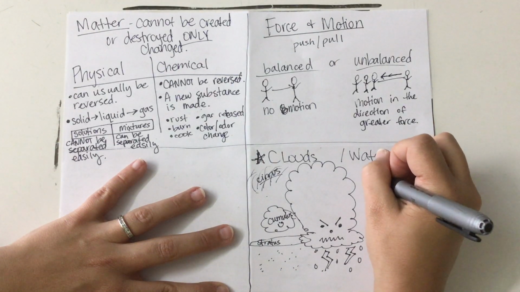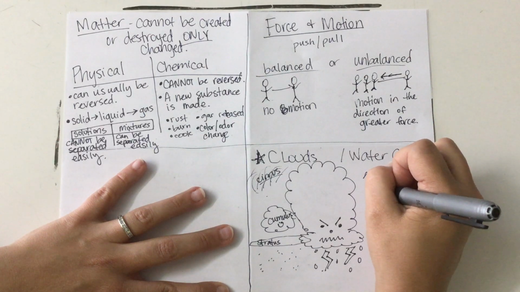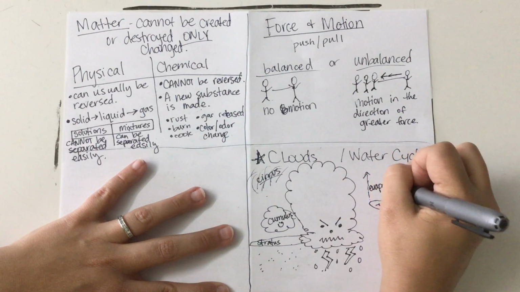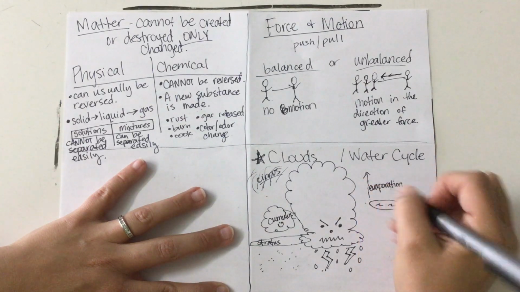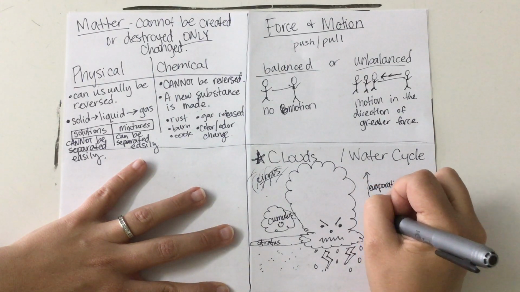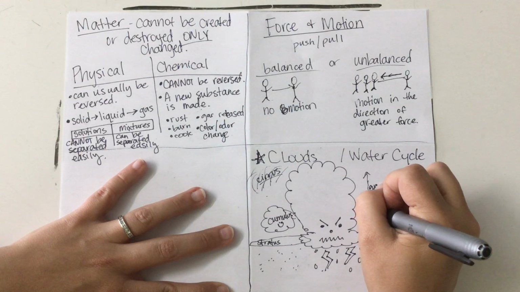Water may rise through evaporation. Water vapor can also enter the atmosphere through plants in transpiration.